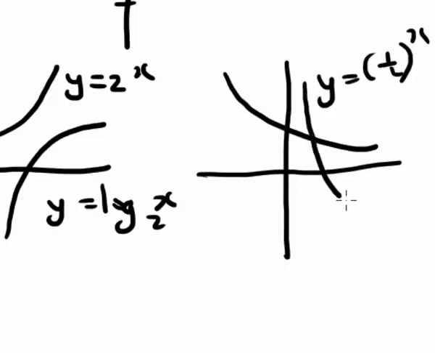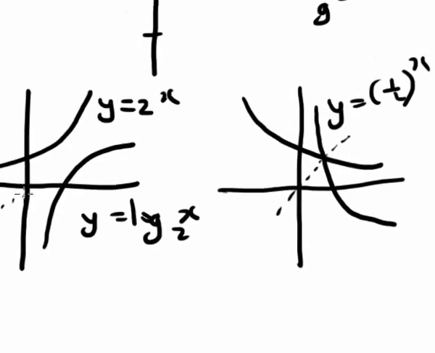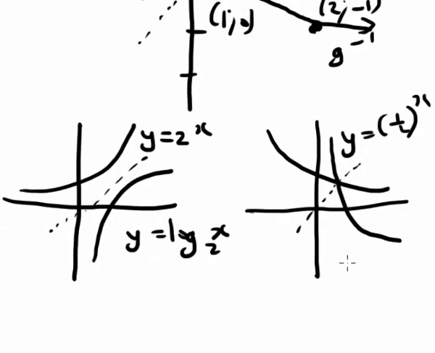The inverse does this, and you look at this, this is the line of symmetry, the reflection line, y equals x. This would be y equals log of x to base a half. So these are wonderful shapes. These are called the logarithmic graphs. They're the inverses of the exponentials, and they are very useful. We develop a whole lot of theory out of this when we deal with that.